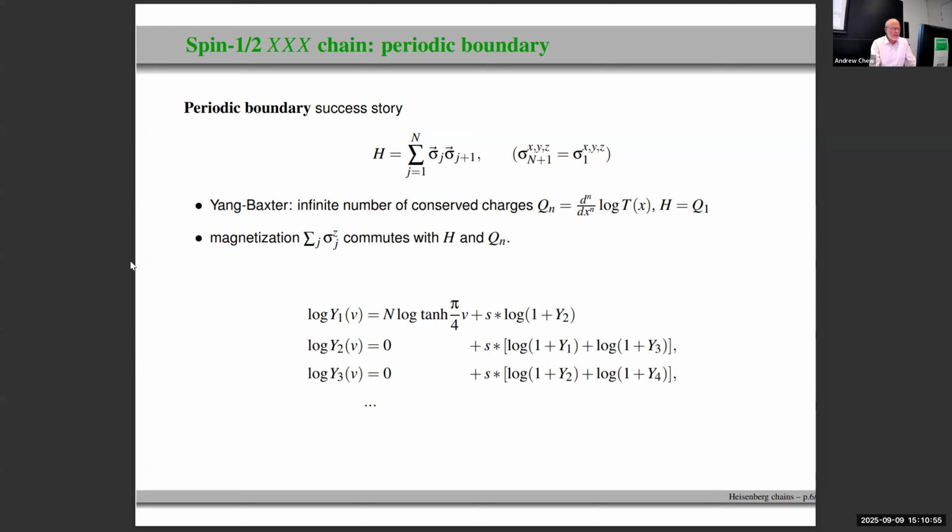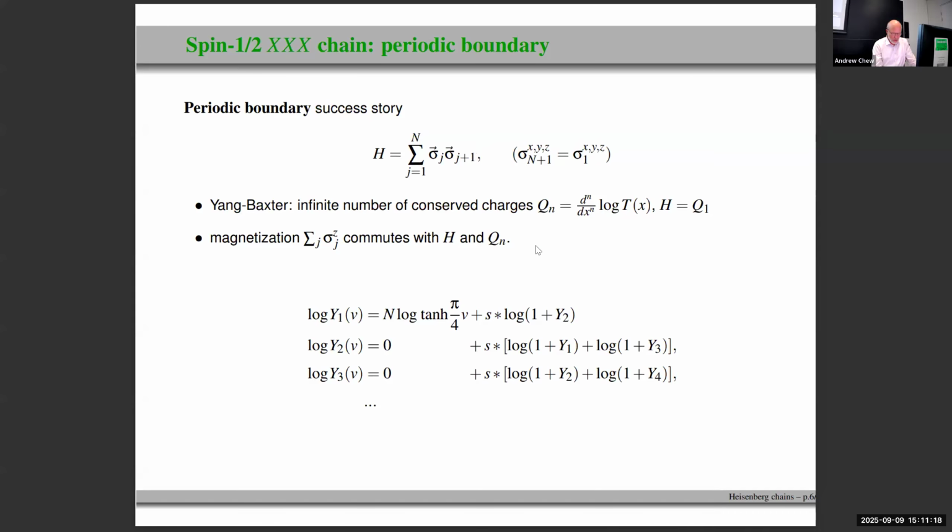By the way, the magnetization, as we know, the sum of sigma z, commutes with the Hamiltonian H and with all the other conserved quantities. Now we are interested in non-periodic boundary conditions. So here, sigma sub n plus 1 is identical to sigma sub 1.